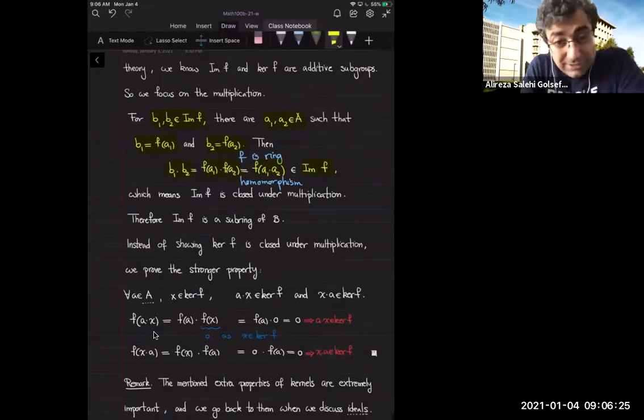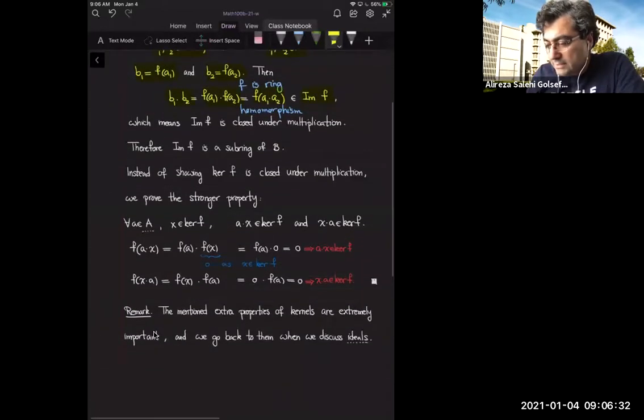Now let's show the stronger property for the kernel. So meaning, this time I pick an element inside the kernel and an arbitrary element inside the ring, inside the domain, and I want to show that the product of A and X from both sides, it doesn't matter. Here I'm not assuming my ring is commutative, so I need to show it from both sides, both directions.